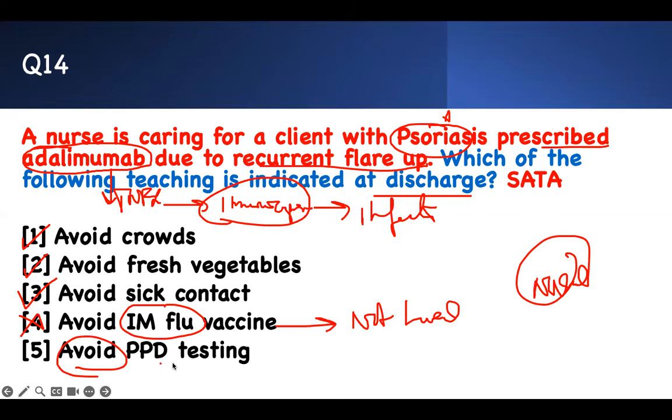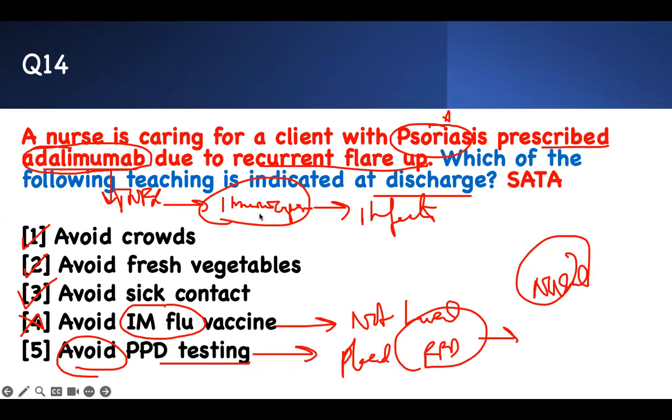Avoid PPD testing? No. Before we give them this, Adalimumab, which will make them immunocompromised, we will place a PPD to make sure they don't have activation of TB while they're on the medication, so they don't get full-blown tuberculosis. We place it to make sure they don't have it.